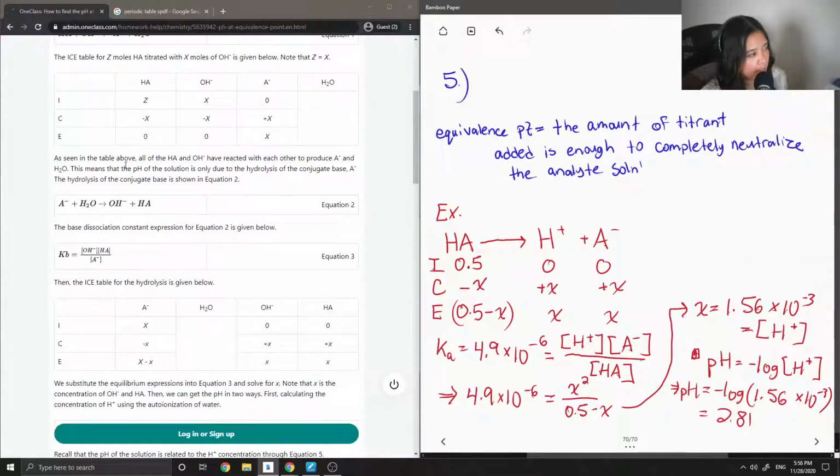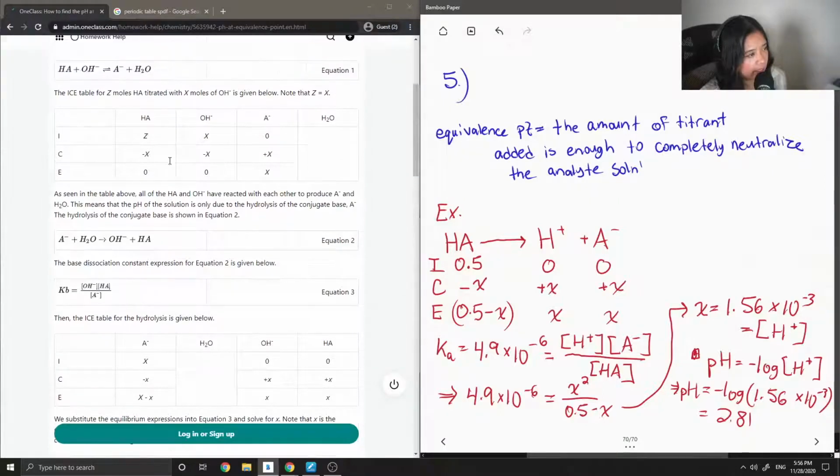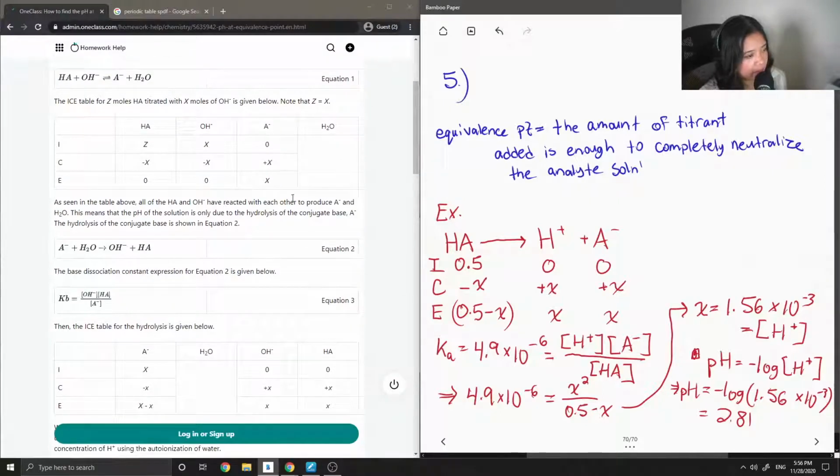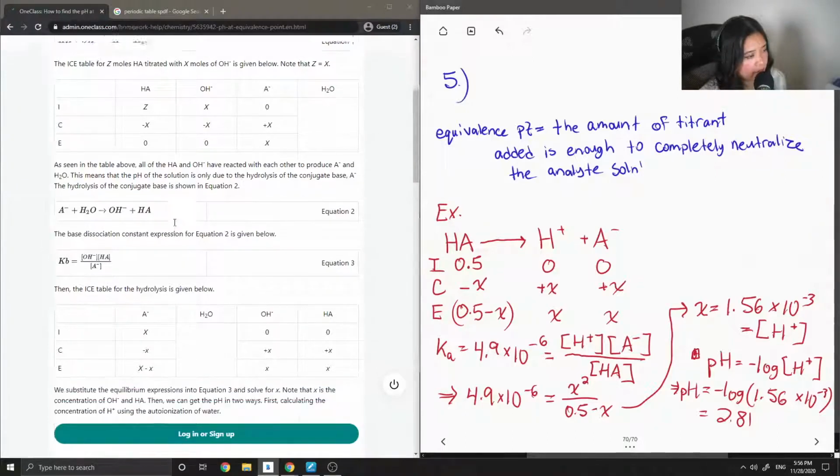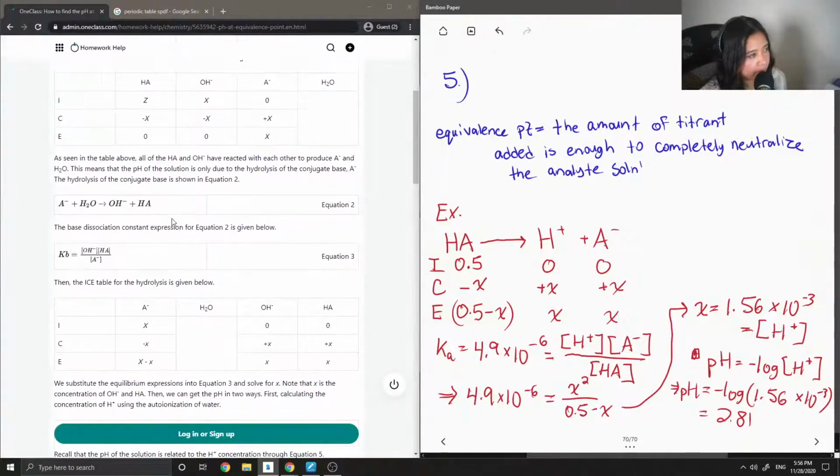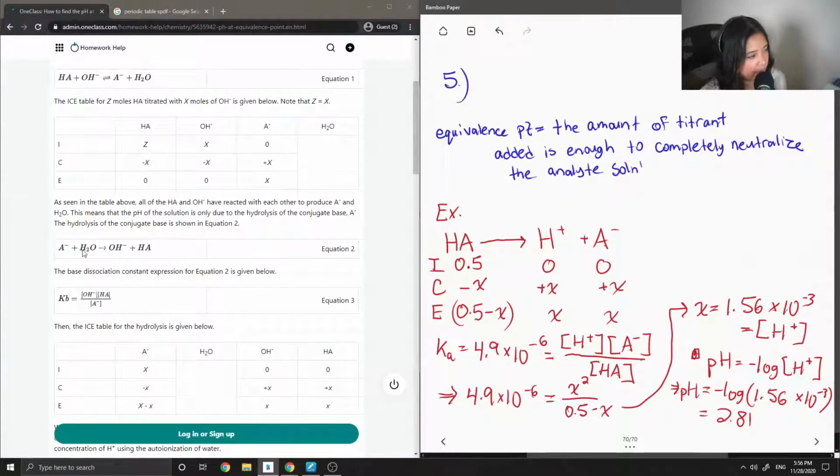As seen in the table above, all of the HA and OH minus have reacted with each other to produce A minus and H2O. This means that the pH of the solution is only due to the hydrolysis of the conjugate base A minus. Hydrolysis of the conjugate base is shown in equation 2. So here they show A minus plus H2O makes OH minus plus HA.